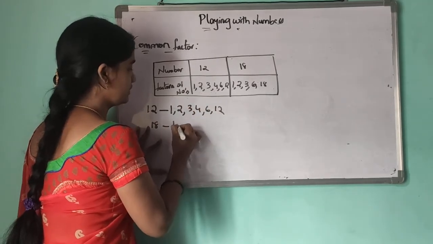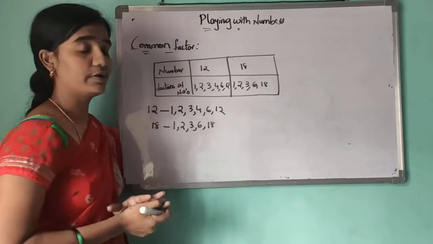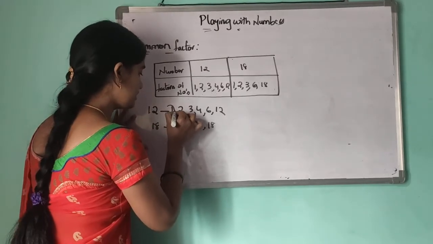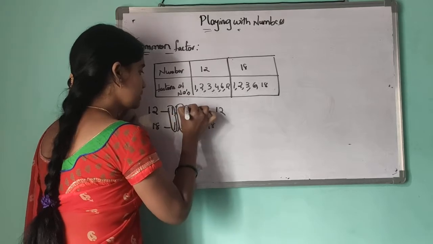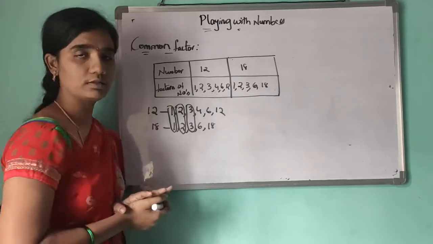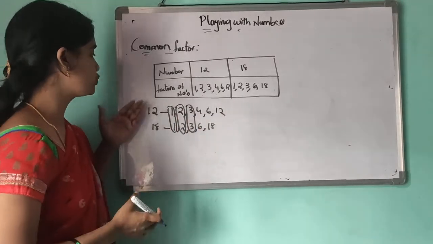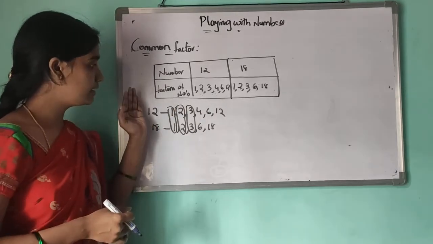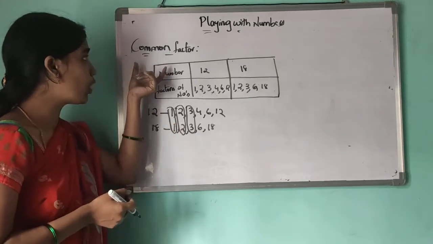Coming to 18, the factors are 1, 2, 3, 6, 9, 18. When we compare these two lists, 1 is common, 2 is common, 3 is common, and 6 is common. These are the common factors. So, comparing the two sets of factors, any number that appears in both is called a common factor.